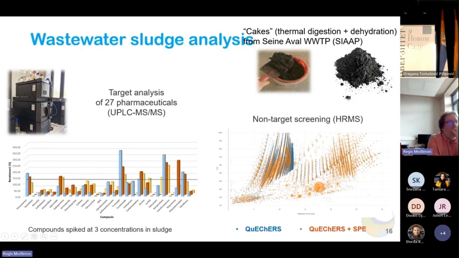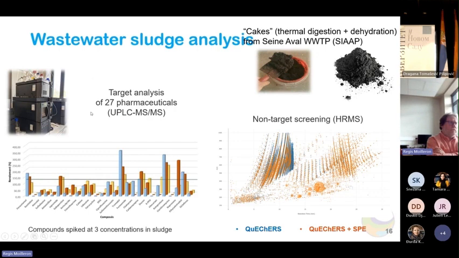And we've shown here, it's not really clear on this graph, but we were able to show that the QuEChERS method with the additional SPE extraction step was able to recover a lot more compounds than what we obtained with just a simple QuEChERS method.